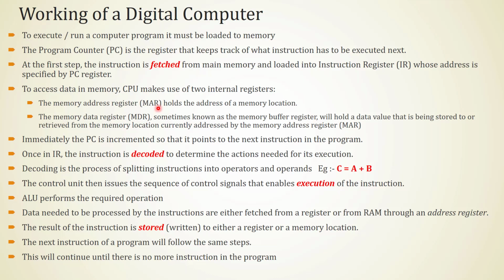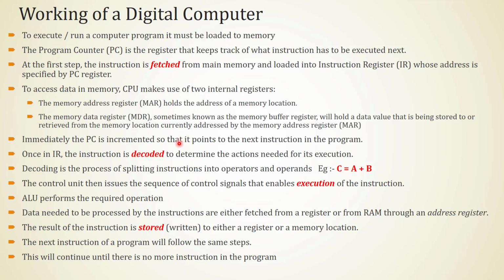Suppose I want to write some data to a particular memory location. At first, the address will be stored in the MAR register and the data to be written is stored in MDR, and I will produce a write signal. At that time, the content in MDR will be copied to that particular memory location.